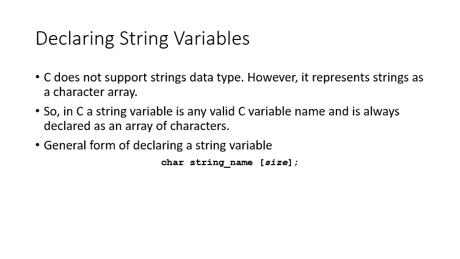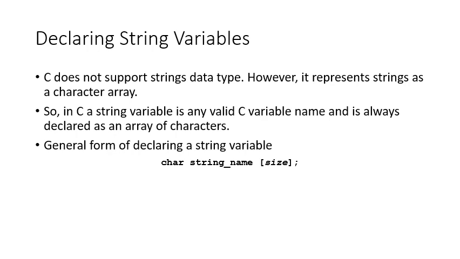Next, we should know how to declare these character strings. C does not support a string data type. As you might have learned in your previous classes, C supports some primitive data types like int, char, float and many others.